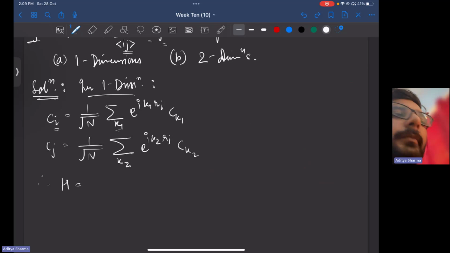So I guess it's better to write the general formula before going to one dimension, and then we'll go to one dimension. If you do something generally, in any dimension, these are going to be vectors and there is going to be a dot product.